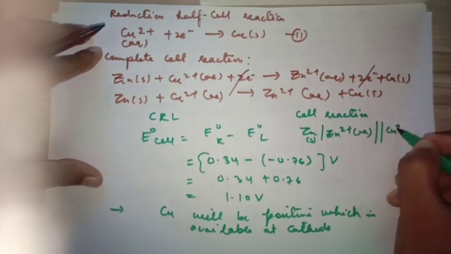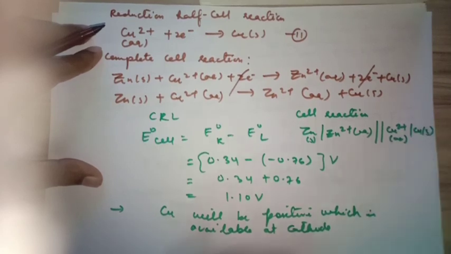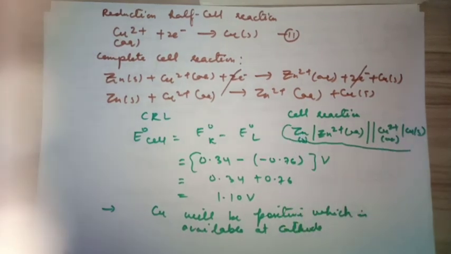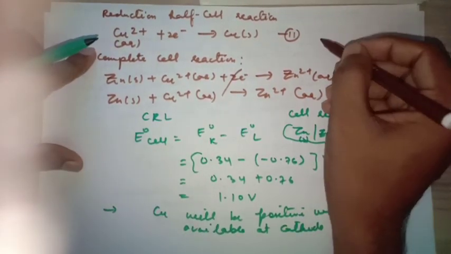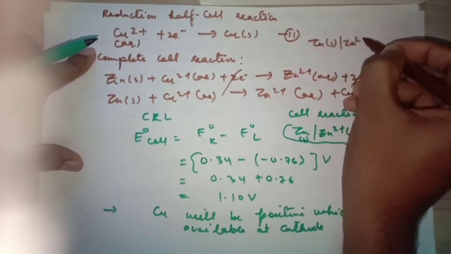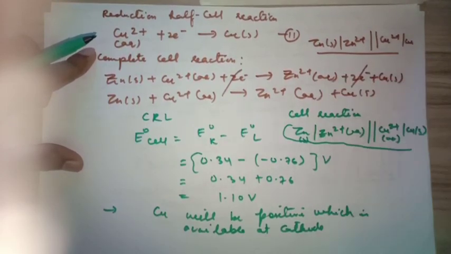Then copper will accept electrons and becomes copper solid. So these will be our basic reactions. We can write it down again: Zn solid becomes Zn2 plus, divided by salt bridge, and Cu2 plus becomes Cu. So this is our representation of the cell.